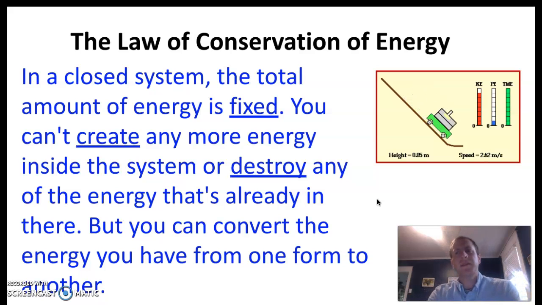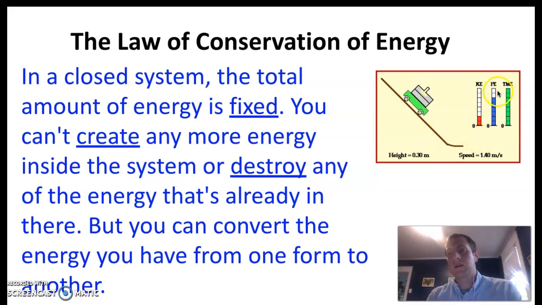So we've already kind of seen that potential energy and kinetic energy can be transferred into each other. We haven't talked about how that works out for specific forms of energy yet, but if you have a cart like this little simulation over here, you notice that the TME stands for total mechanical energy, all the energy of the cart. At first, it has only potential energy because it's not moving, but it's up on a hill, and then as it moves, it goes down, and all that potential energy gets turned into kinetic energy.